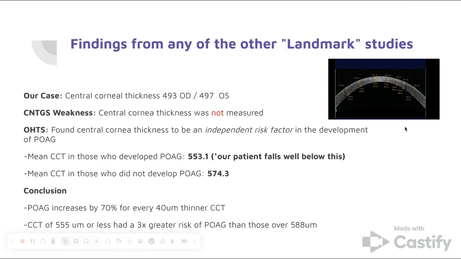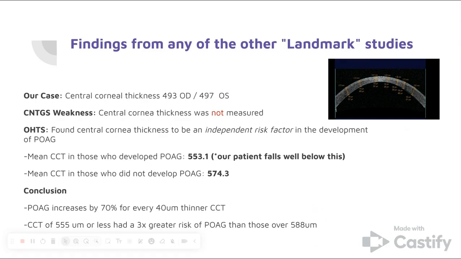If we are comparing our study to other landmark studies, in our case we actually measured the central corneal thickness to be 493 microns in her right and 497 microns in the left. One of the biggest issues with our study was we didn't actually factor in corneal thickness, whereas the ocular hypertension study did find that to be an independent risk factor and a very important determination of glaucoma.